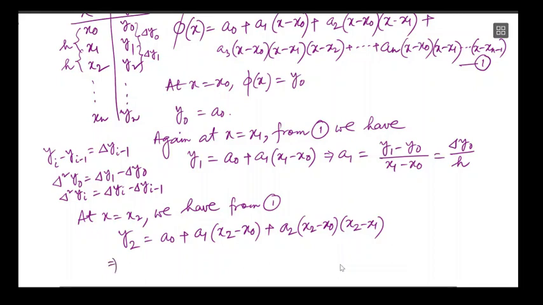So we have y2 equals a0 is y0, a1 is delta y0 by h, x2 minus x0 is twice h, plus a2 times (x2 minus x0), that is twice h, into (x2 minus x1), which is h.